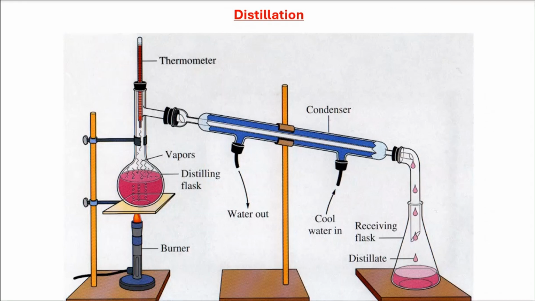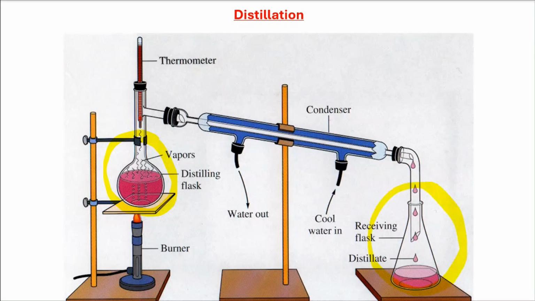So you see the solution in this flask is being heated up, water and alcohol or any other solution. One of them boils faster and it goes through this condenser and it is collected in this Erlenmeyer flask here. So that is called distillation.